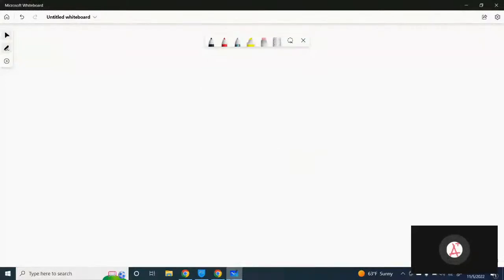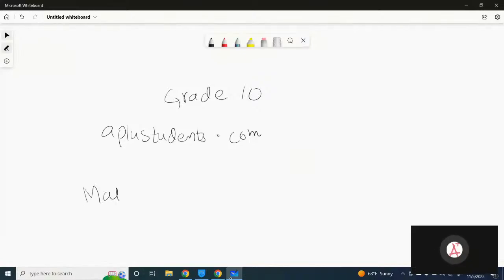So we're going to start with grade 10 maths. You can find all the lessons on aplusstudents.com. You have to log in there using your email address and password provided by the administrator. Then you have to select math from the subject tab.